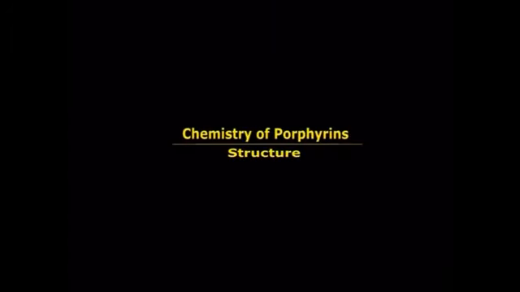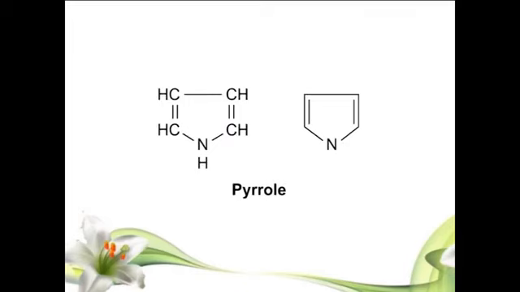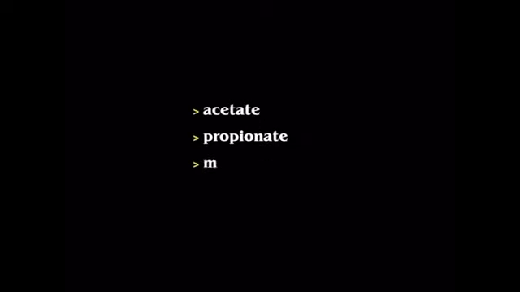Chemistry of porphyrins. Structure. All porphyrins reported so far from nature have their side chains substituted for the 8 hydrogen atoms found in the 4 pyrrole rings that make up porphyrin. The common substituents present in the natural porphyrins are acetate, propionate, methyl, and vinyl groups.